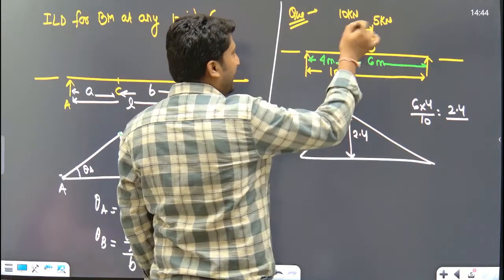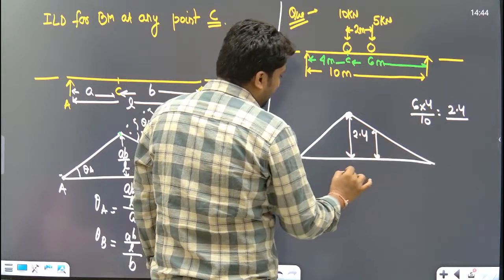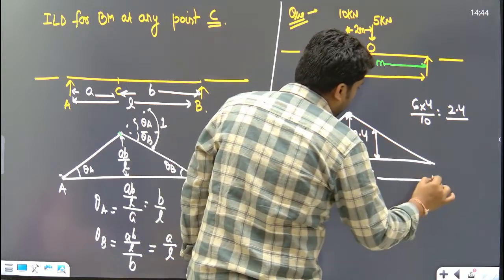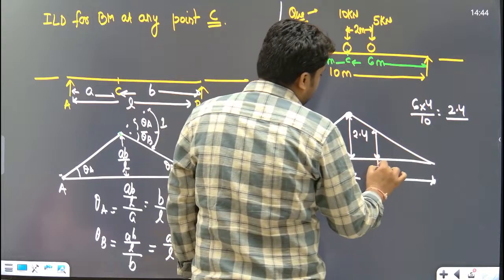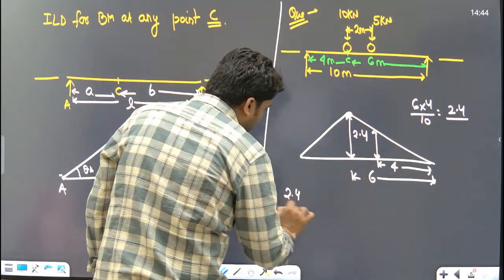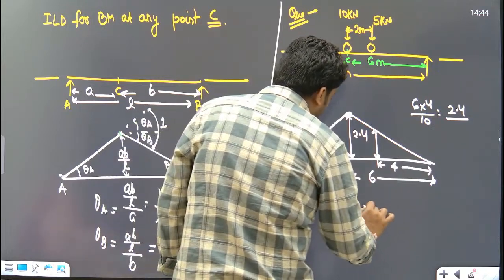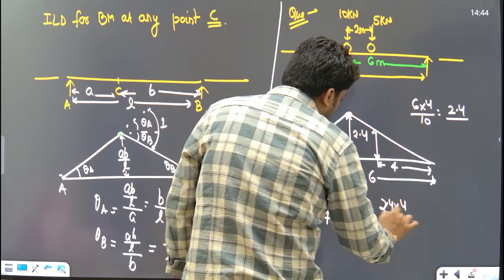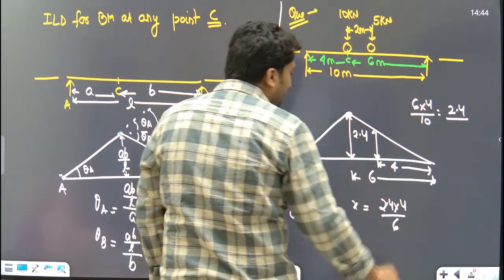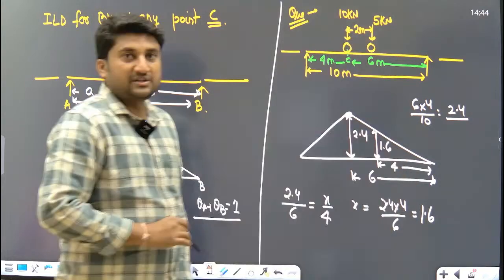To find the maximum bending moment at C, we need to find this ordinate. If the distance is 6, the ordinate is 2.4. If the distance is 4 unit, what will be the ordinate? Apply the similar triangle concept: 2.4 upon 6 is equal to x upon 4. So x is 2.4 into 4 divided by 6, which is 1.6. Yes or no? This will be 1.6.